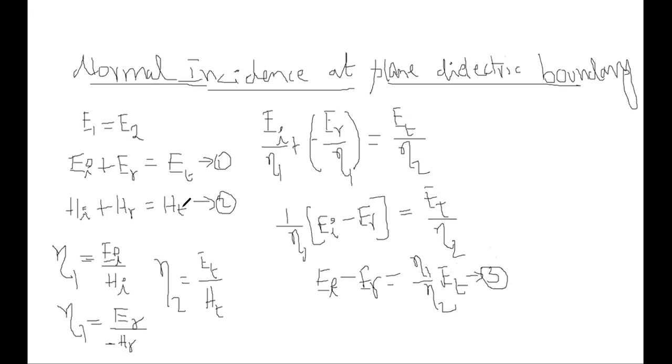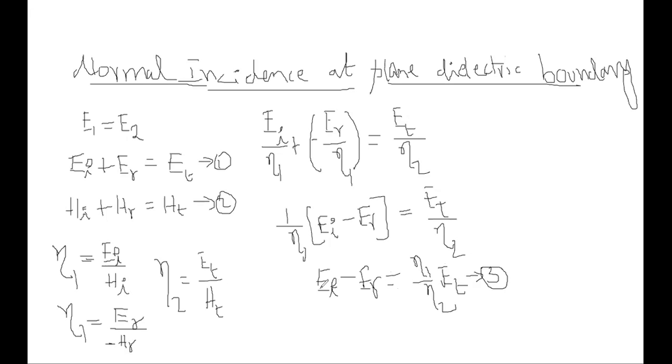Substituting equation 1 and equation 2 in this to get the reflection coefficient and the transmission coefficient. The reflection coefficient gamma is equal to ER by EI, and the transmission coefficient is ET by EI. So eliminating the ER function to get the transmission coefficient, eliminating the ET function to get the reflection coefficient.